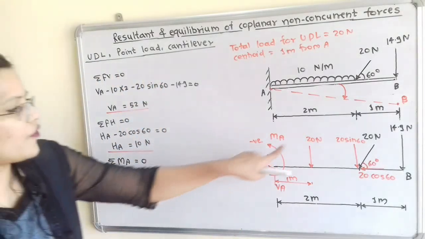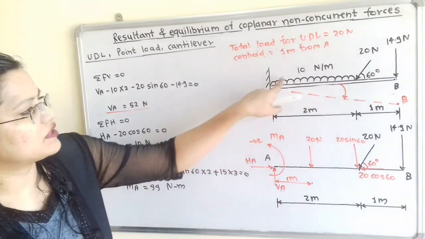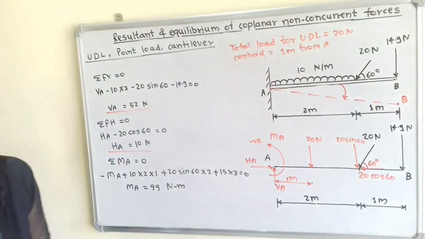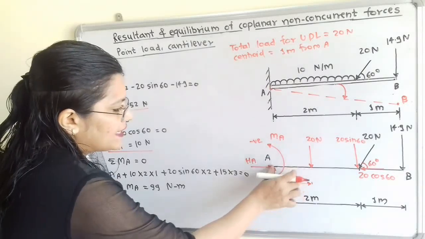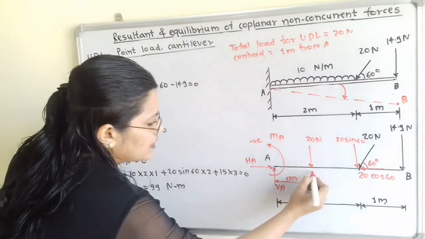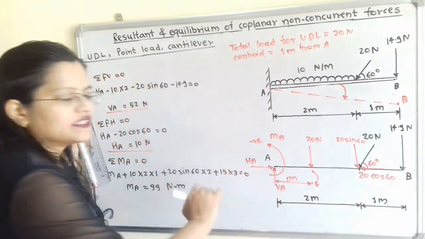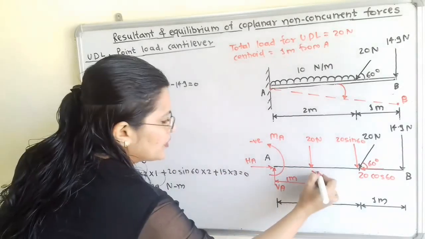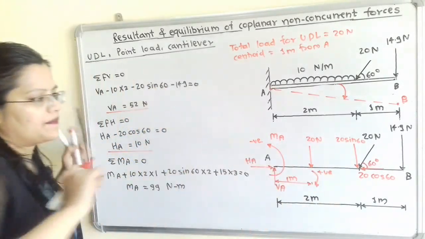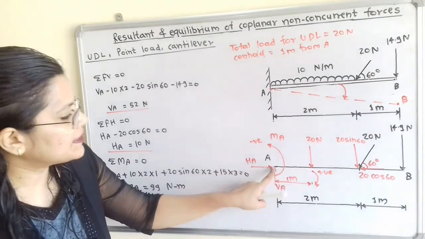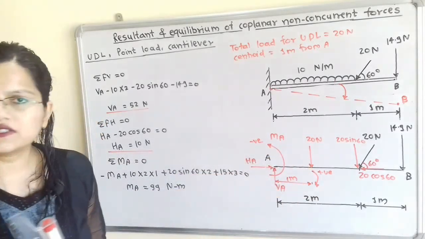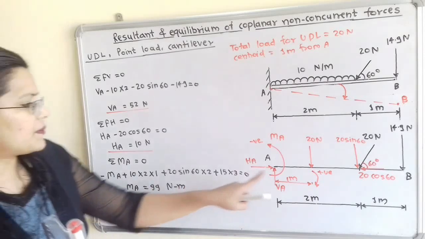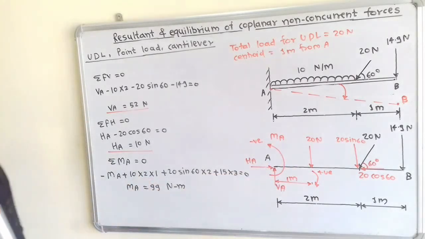Now we will move to the next, that is the 20 Newton for the uniformly distributed load. If I move the compass about point A in the direction of 20 Newton, the direction is clockwise, so we have to use the positive sign. So 20 multiplied by perpendicular distance. Here the perpendicular distance is 1 meter. So plus 20 multiplied by 1.